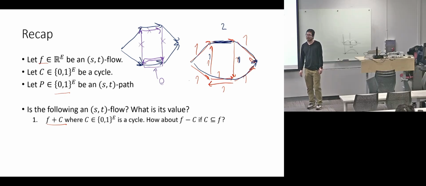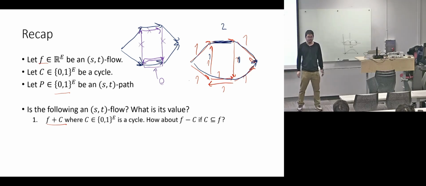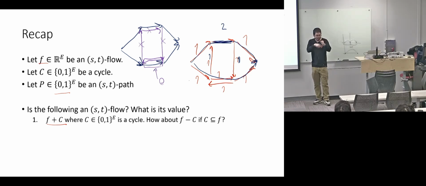Why? This is a valid flow. Why must its value be the same? The cycle always cancels itself out. Exactly. The value is just the net flow going out of S. If you subtract the cycle, no matter how much, the net flow stays the same at S, at the source.